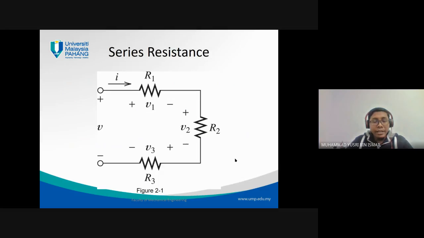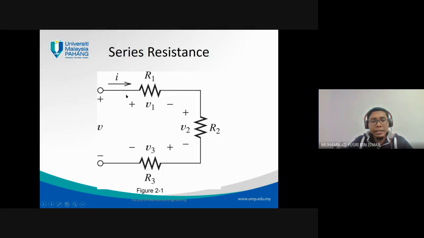This is a basic series circuit. As you can see here, there are three resistance elements: resistance 1, resistance 2 and resistance 3.